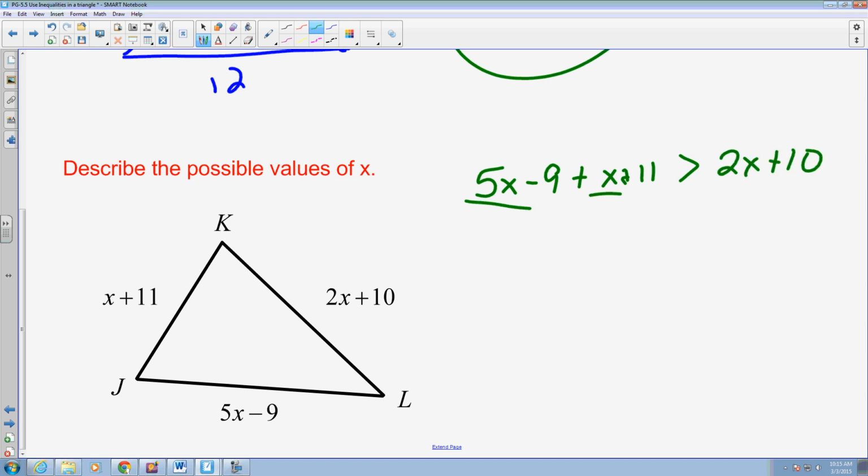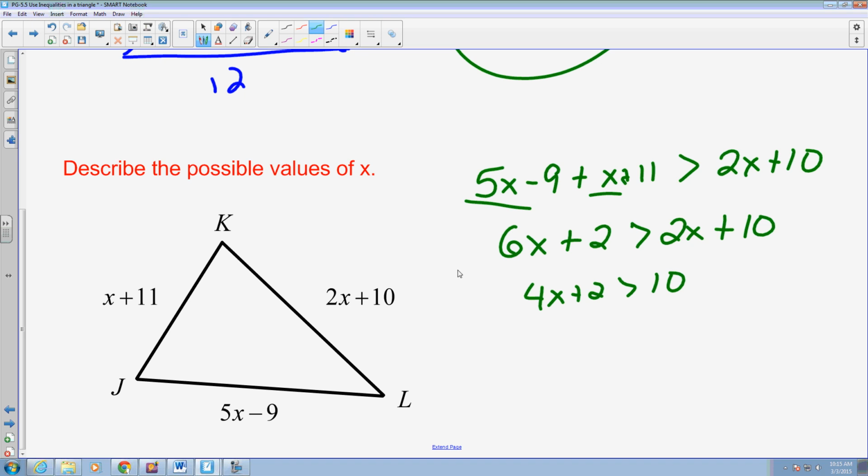I combine my like terms, so now I get 6x plus 2 is greater than 2x plus 10. I subtract 2x from both sides, so I get 4x plus 2 is greater than 10. Then I subtract 2 from both sides, so 4x is greater than 8. So that means x must be greater than 2.